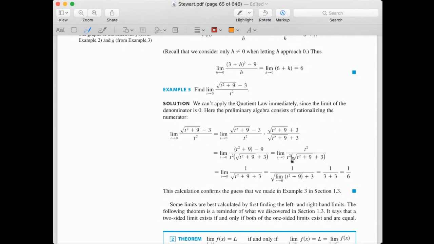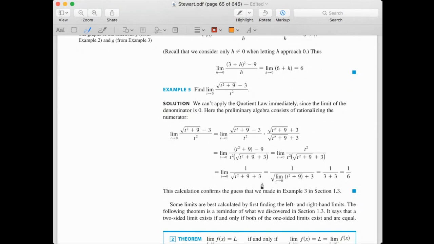Then t squared simplifies with t squared and becomes 1. We're left with 1 over the square root of t squared plus 9, plus 3. Now 0 is in the domain of this function, so we just plug in 0. We have 0 squared plus 9, the square root of 9 is 3, so 3 plus 3 is 6. We have 1 over 6.